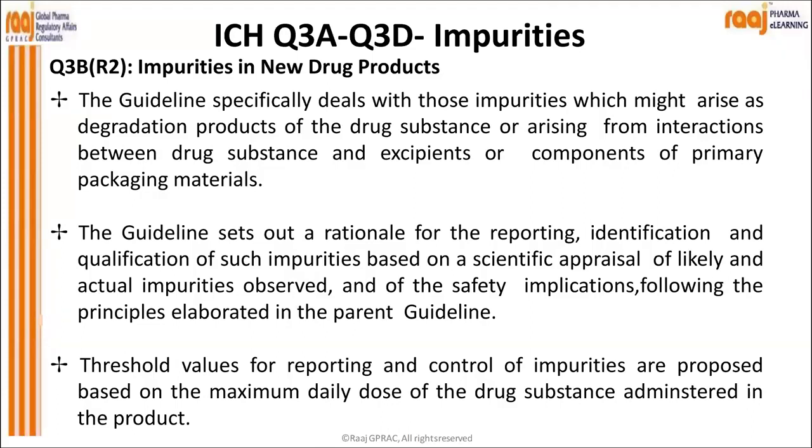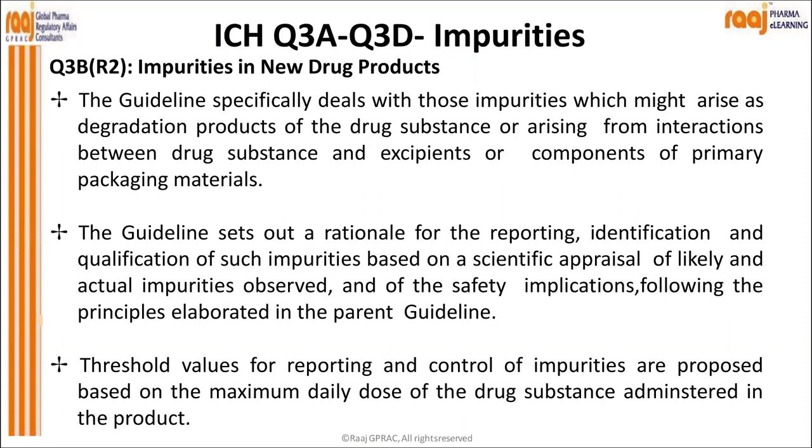Okay, understood? So during stability also, when we keep the samples at various temperatures and humidity, there are chances of degradation, right? So whenever degradation happens during the stability of your drug substance or drug product, it is also covered under these impurities. Then there is an interaction between excipient and the drug.